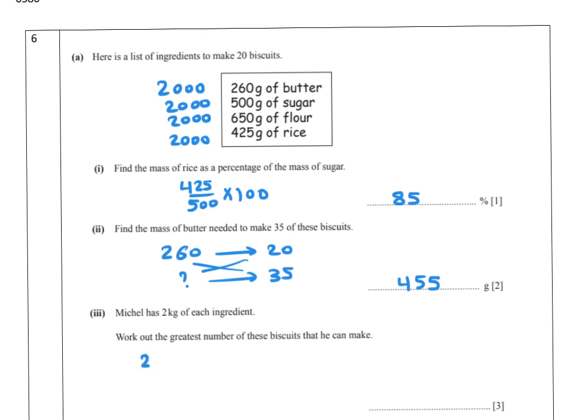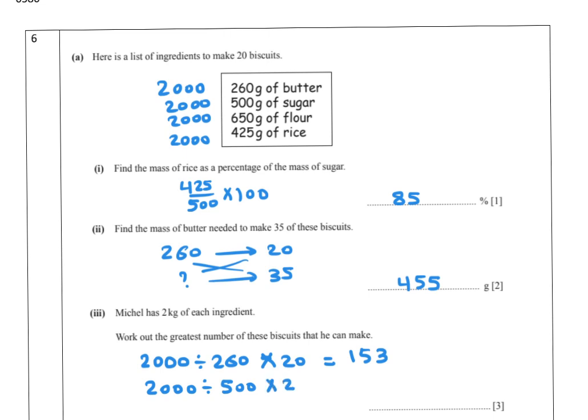So 2000 divide by 260 equals, then multiply by 20 equals 153 biscuits.